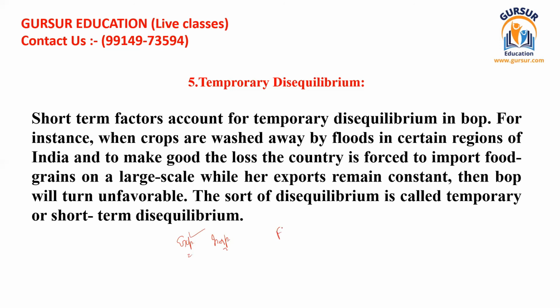So you could not export the crops for a particular period, and ultimately it caused disequilibrium in the balance of payment of the country. When crops are washed away by flood in a certain region in India, to make good the loss, the country is forced to import grains, and this ultimately makes the disequilibrium. This sort of disequilibrium is called temporary or short-term disequilibrium.